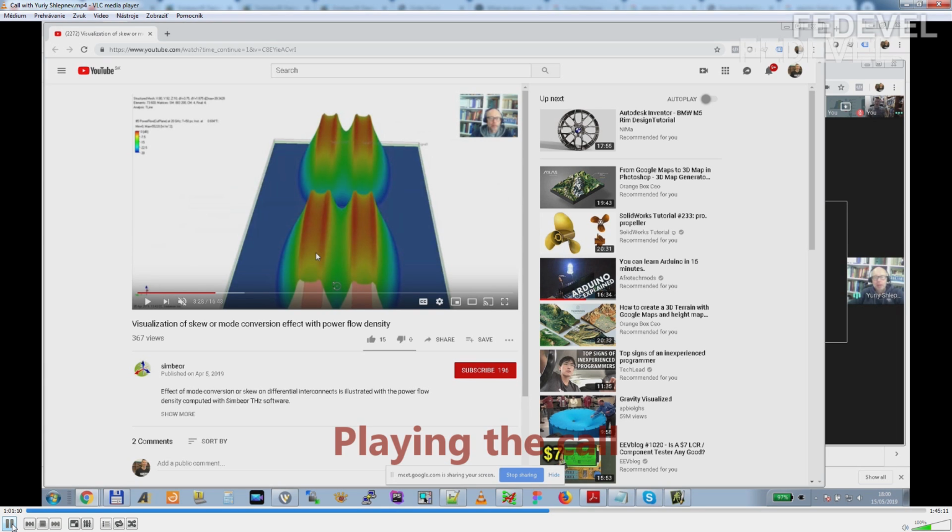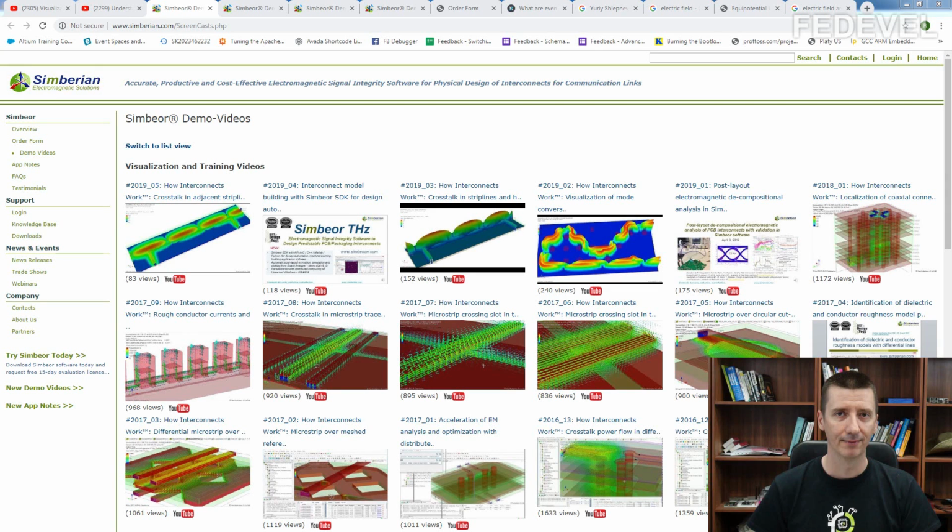My last demo video is actually about this, about routing at different levels, and there you'll see that one trace had much larger spreading of the energy towards the other trace when the reference planes are far apart. The last demo video I posted last week was probably about this coupling in different layers. If you would like to know more, go on the Simberian website.